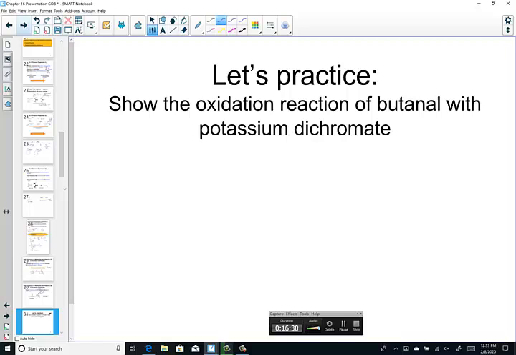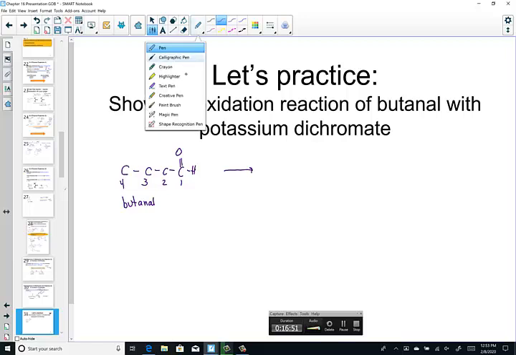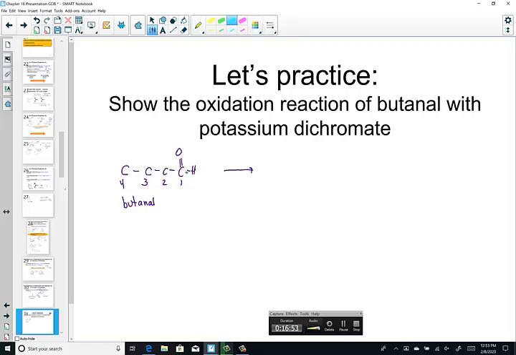Let's show the oxidation of butanal with potassium dichromate. Butanal. So I have a 4 carbon chain, and at carbon number 1 is our aldehyde functional group. This is what we call butanal. The carbon to hydrogen bond is what's required for oxidation.